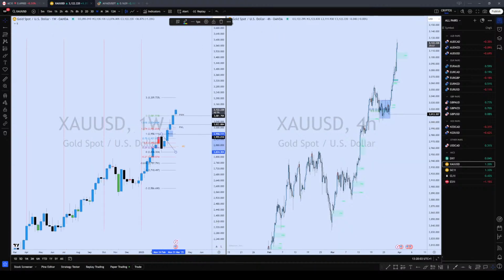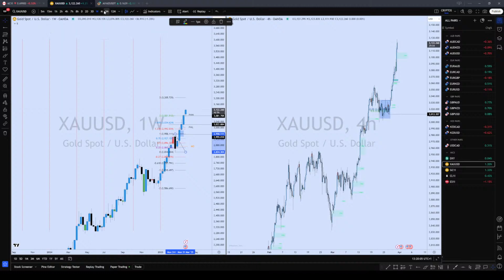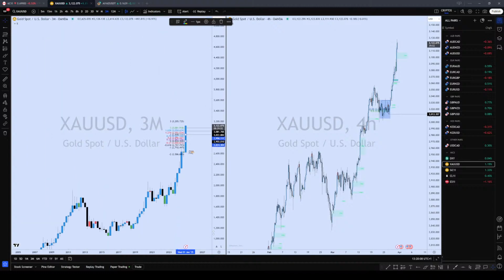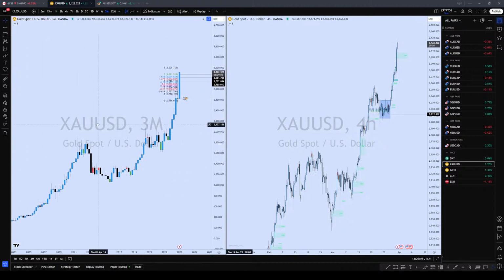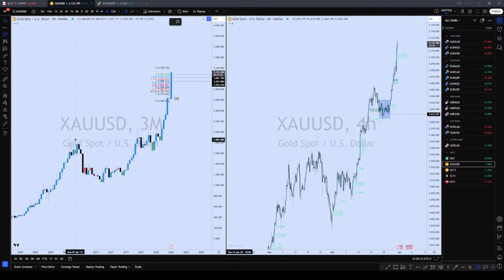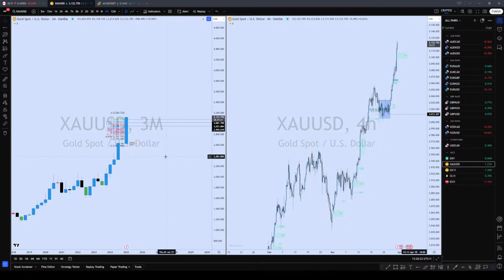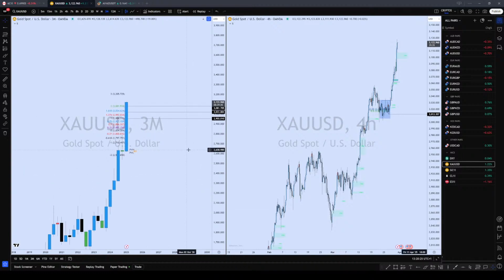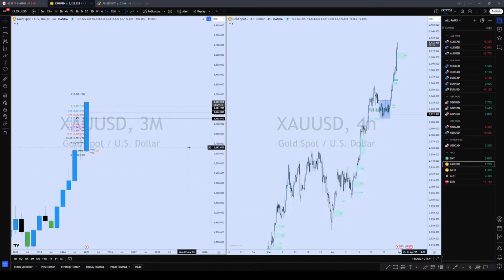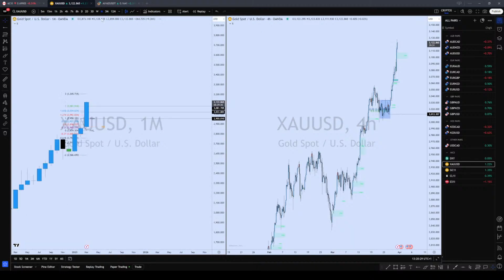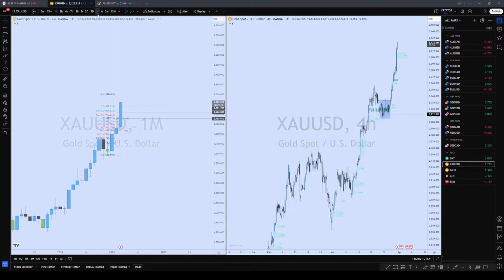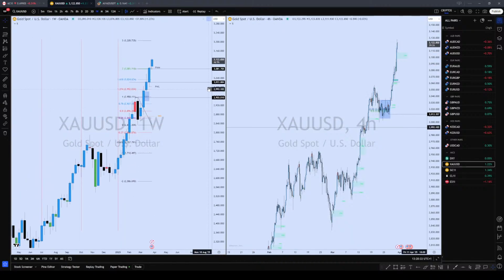Now let me see if I can get at least some sort of projection to target. Okay, so we don't actually have one. It's extreme bullishness. There's nothing to project right now.